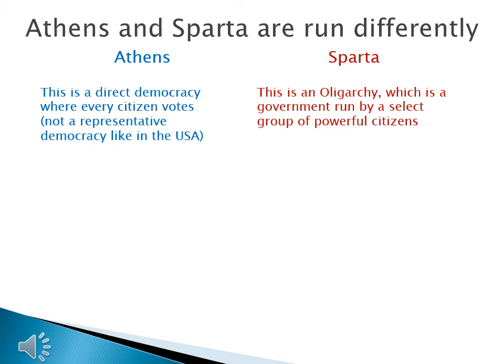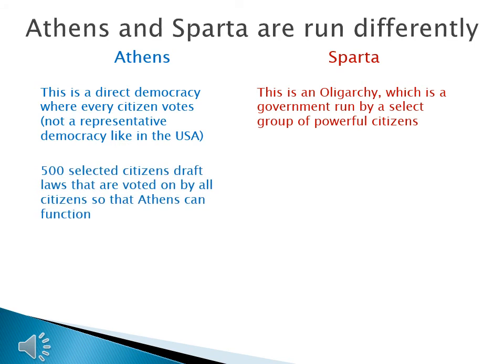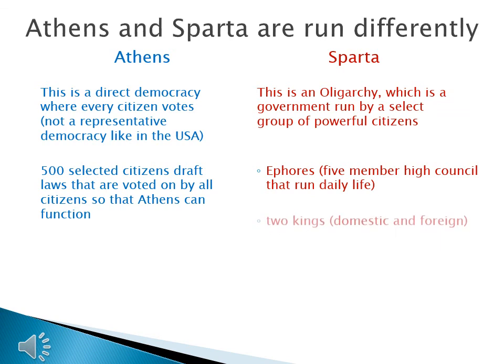In Athens, 500 selected citizens, and they get selected once a year, draft laws, or they make laws that are voted on by all the citizens so that Athens can function. In Sparta, you have ephors. Those are 5 members of a high council that run daily life. You have 2 kings.